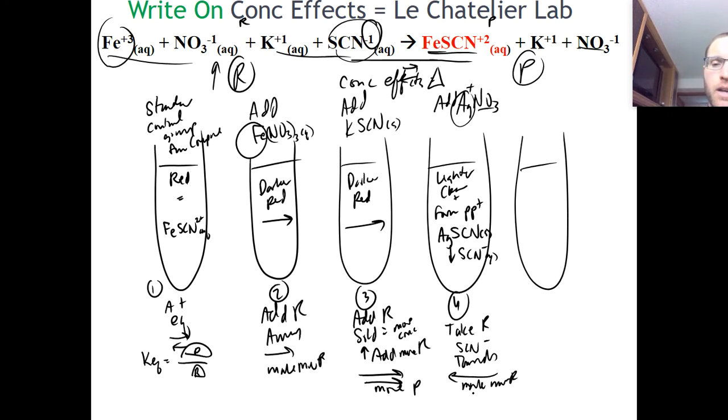And the only way it can do that is by destroying products. That means it has to destroy the iron thiocyanate to get more thiocyanate. Hey, I didn't have enough thiocyanate reactants colliding, so it destroys the red stuff to make more of them. Hey, it's reaching an equilibrium, right?